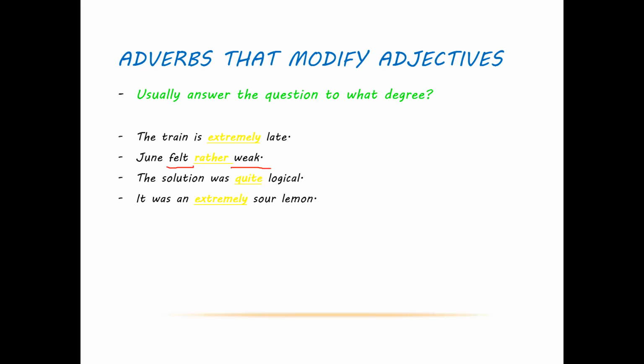So weak is an adjective. It describes June. It describes how June feels, right? But since you added the word rather, it gives you an idea na iba yung degree ng weakness niya.